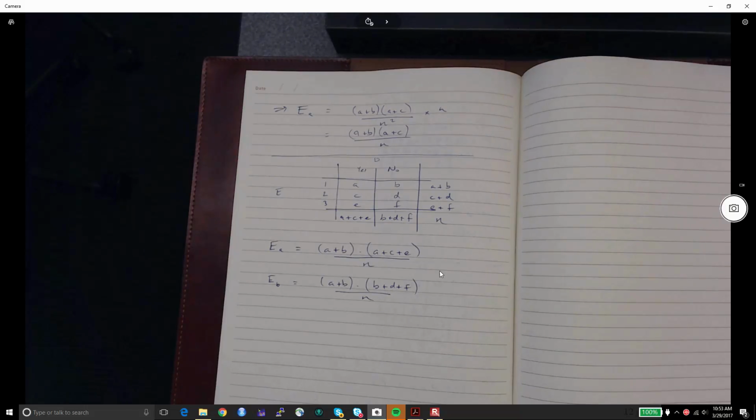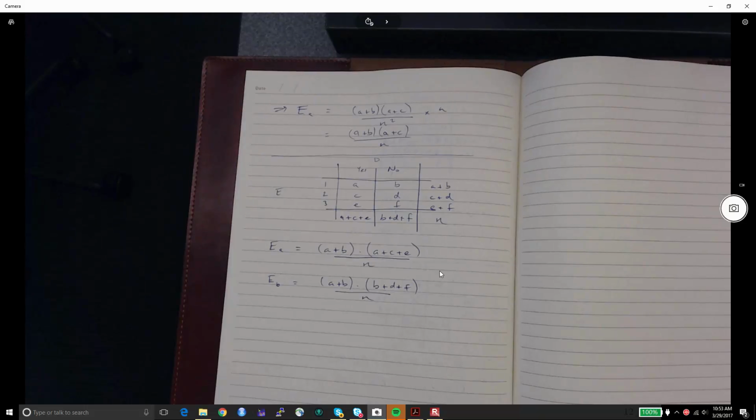Now, what do you think is going to happen? So when we did the 2x2 table, we calculated this chi-squared statistic, okay? And does anybody remember what the number of degrees of freedom was for the chi-squared that we used? 1, yes. 1 degree of freedom for the chi-squared for a 2x2 table, okay?